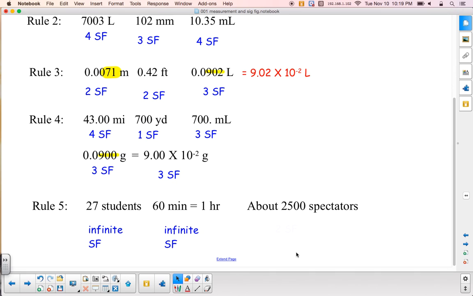What we're saying when we say that is that we know there are at least 2,000, but not 3,000 people in the stadium, and to our best estimate, there's about 500 more than that. This number, because we didn't count the actual spectators at the event, only has 2 significant figures, and it has some uncertainty built into it.